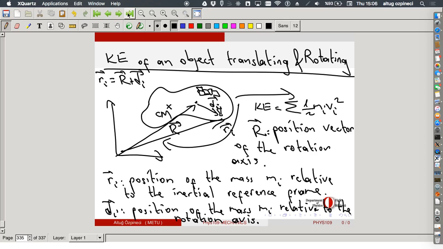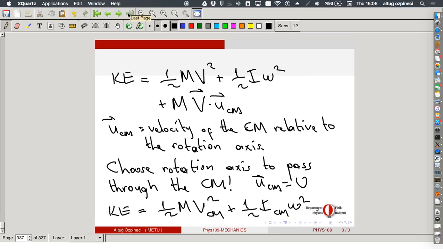And what we had seen at the end is that we cannot really separate these two for an arbitrary rotation axis. This is the expression we have. These two terms are well separated, but this is due to rotations, and this is due to the translation of the center of mass, or translation of the axis.